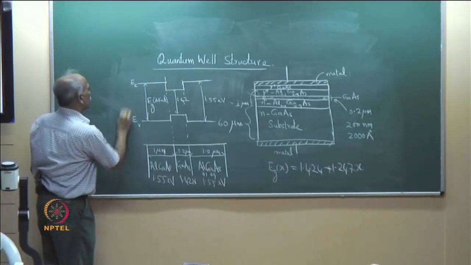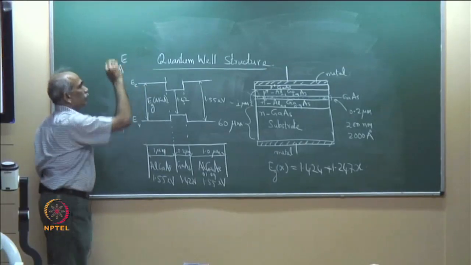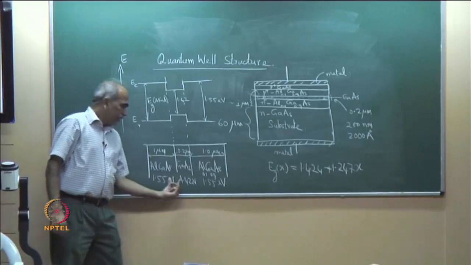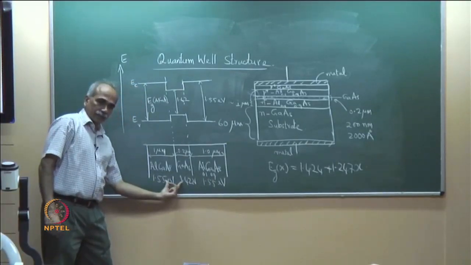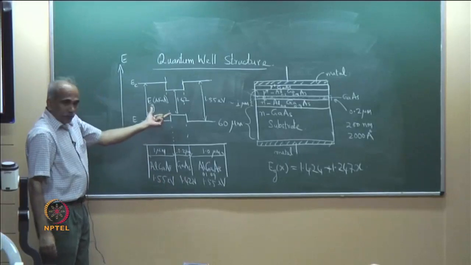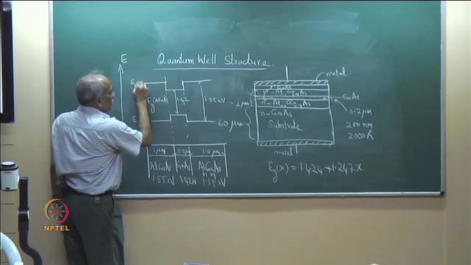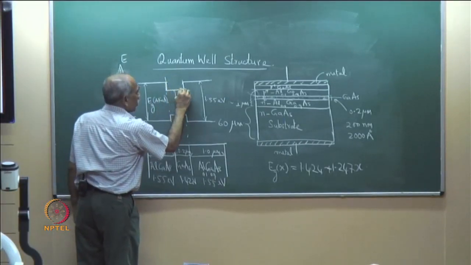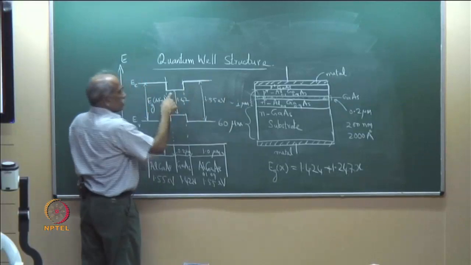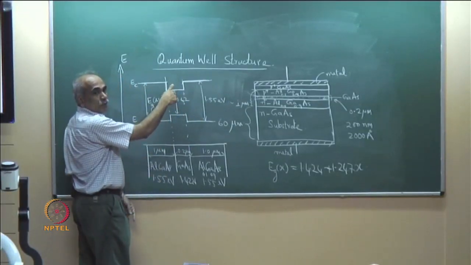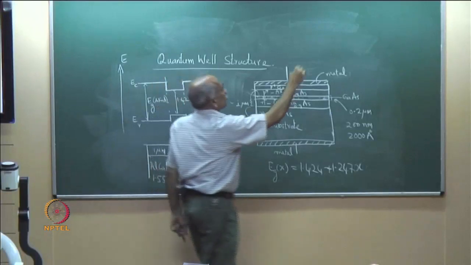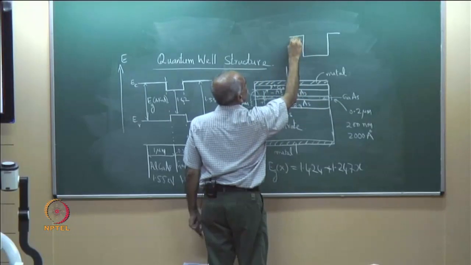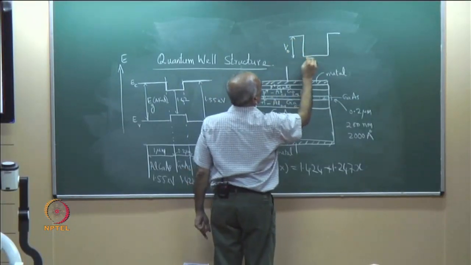What is this axis? Energy. There is a difference in band gap energy, and what we have here, if you see this conduction band, is a finite potential well. The famous problem in quantum mechanics, particle in a potential box. This is V0.